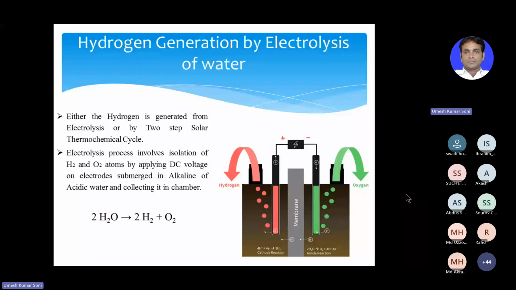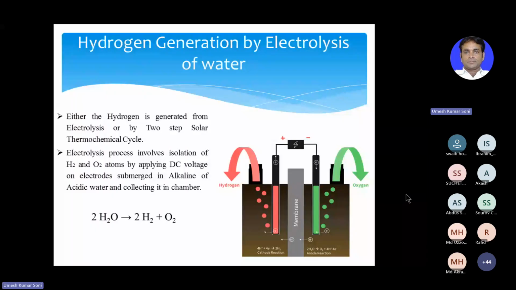When water is decomposed to hydrogen and oxygen, there is transfer of protons and electrons through different paths. Protons travel through the electrolyte and electrons travel through the conductor. In this way, oxygen and hydrogen gases come out from this electrolysis setup.